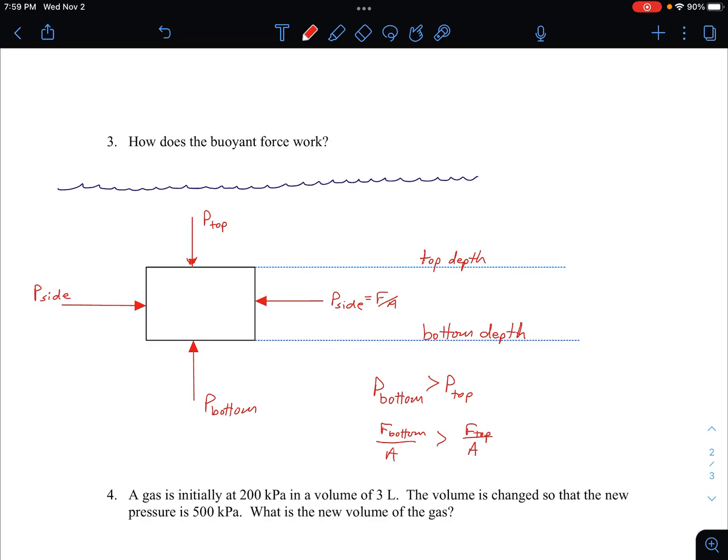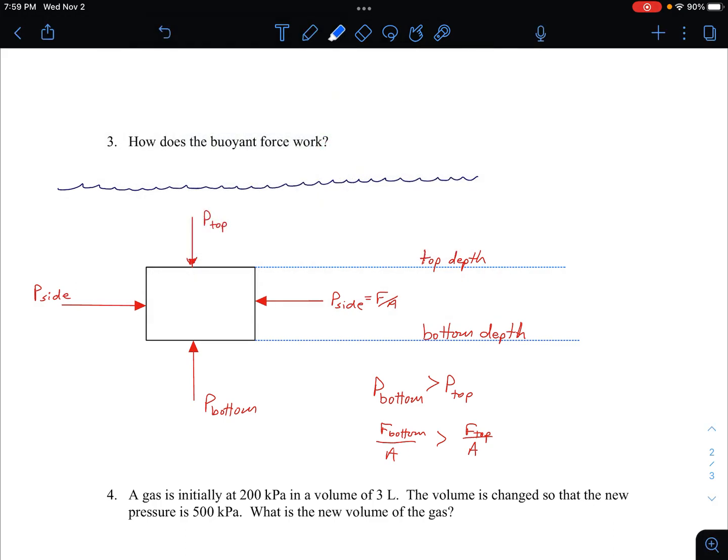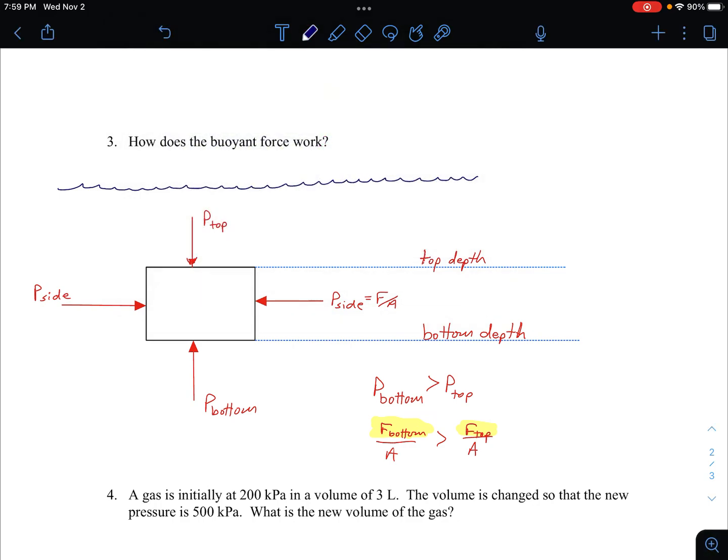Now we could just take an arbitrary area of, say, 1 meter squared, and we notice that in that case, the bottom force is greater than the top force. So if I wanted to draw this out with magnitudes, this is the force vector now that we're going to write.